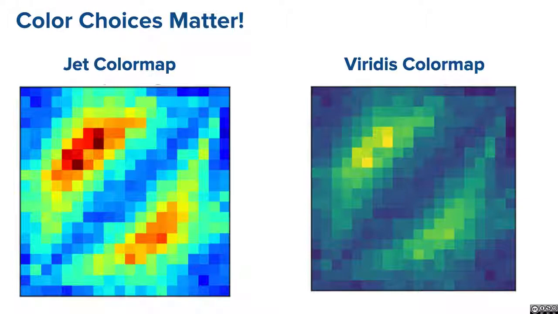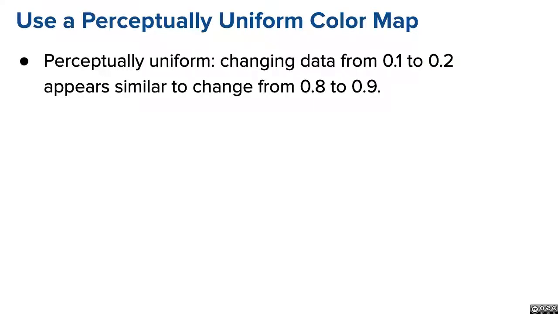Essentially the takeaway here that you should remember for your own visualization work is to use a perceptually uniform color map. By perceptually uniform, I essentially mean that if the data changes value from, let's say, 0.1 to 0.2, that should result in the same change in perception to your eye as 0.8 to 0.9.